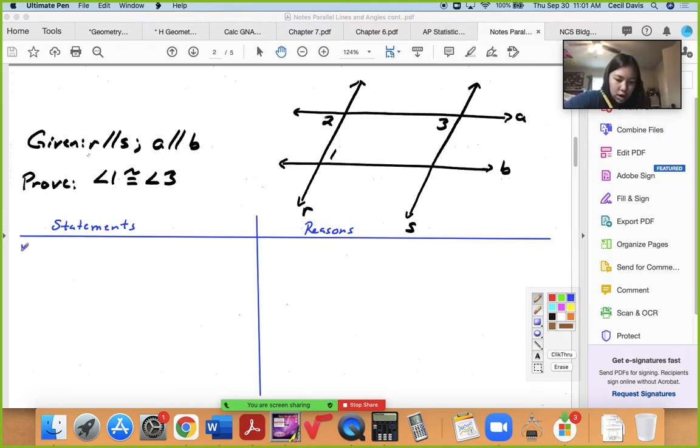I usually start with all of the given. Your book has a tendency to break the given into multiple pieces. And you're welcome to do that if you want. This requires slightly less writing, so I'm all about it. And I always will mark the diagram as I go.